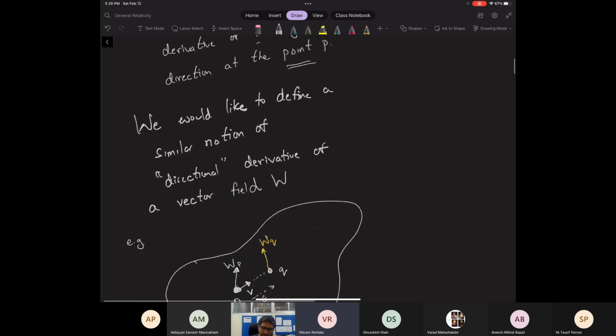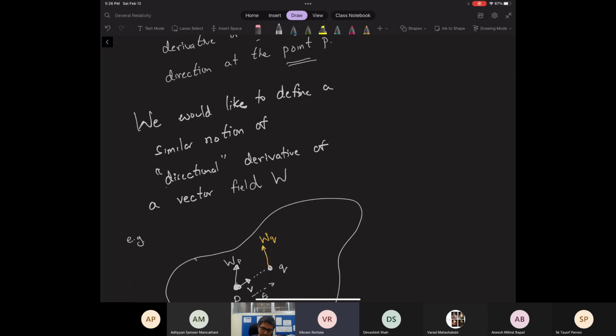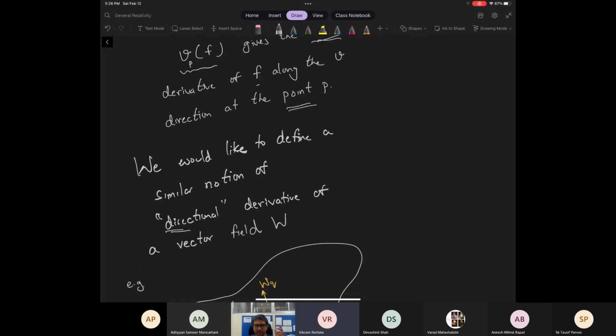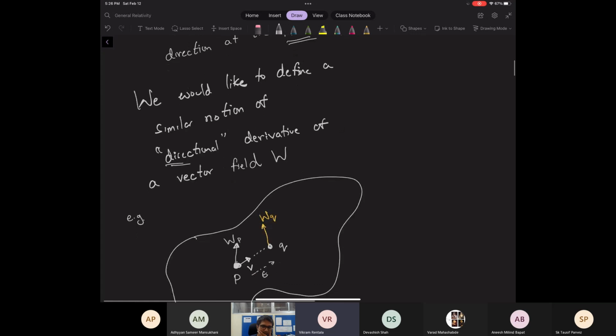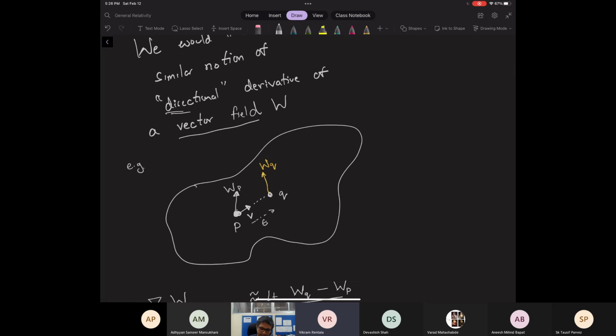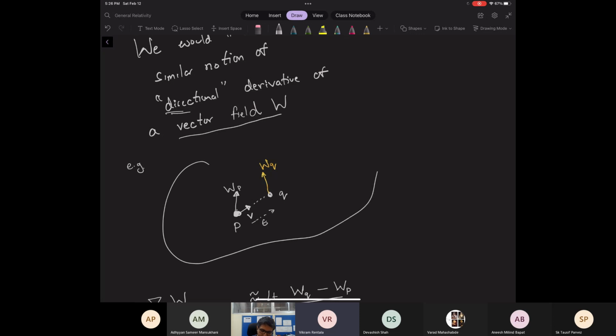What we'd like to do is define a similar notion of directional derivative, but instead of acting on functions, which you can think of as scalar functions that return a number for every point on the manifold, we'd like to define derivatives of some smooth vector field W. If I have a smooth vector field W, it means that at every point on the manifold I have a vector: W of P at some point P, and W of Q at some point Q, and this vector field is smooth.